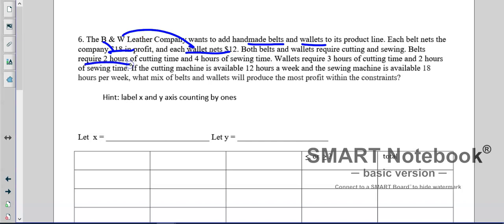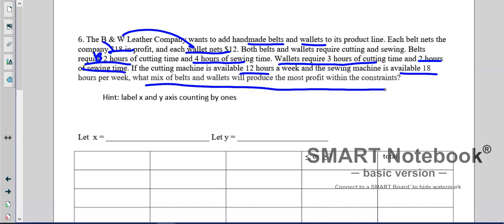Belts require 2 hours, so that's belts, and 4 hours for sewing. Wallets require 3 hours of cutting and 2 hours of sewing time. Now, the machine is only available for 12 hours per week for cutting and 18 for sewing. What mix of belts and wallets will make the most profit?